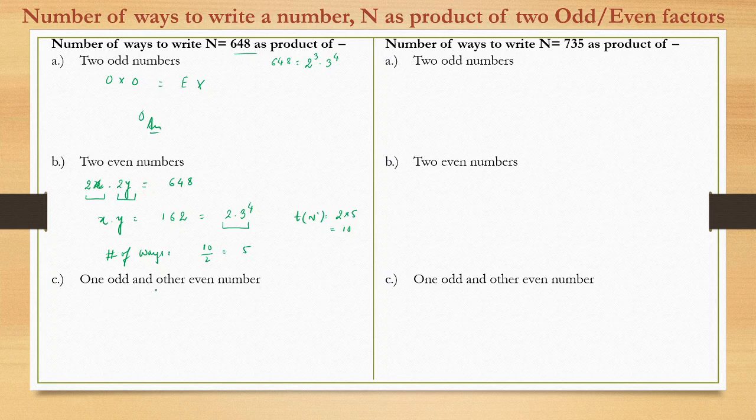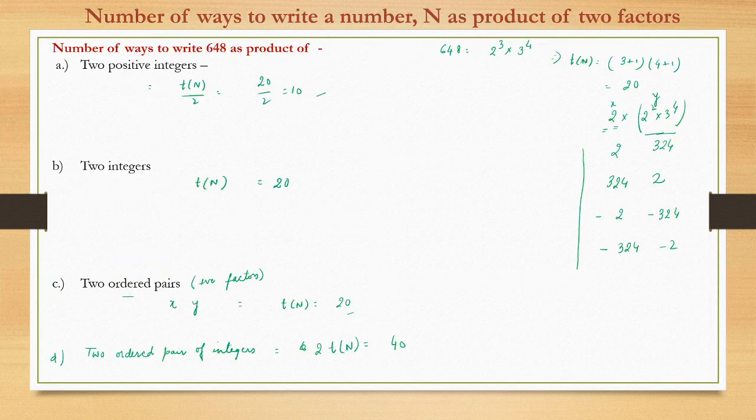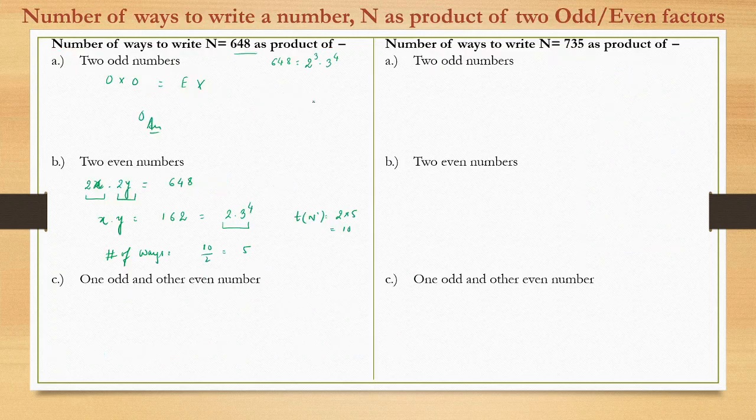Now one odd and another even number. So see here, if the generic question was in how many ways can you write 648 as a product of two numbers, that we saw in the previous question, the number of ways to write 648 as a product of two positive factors was 10, right? So out of 10, 5 ways are a product of two even numbers. And there cannot be a case of two odd numbers.